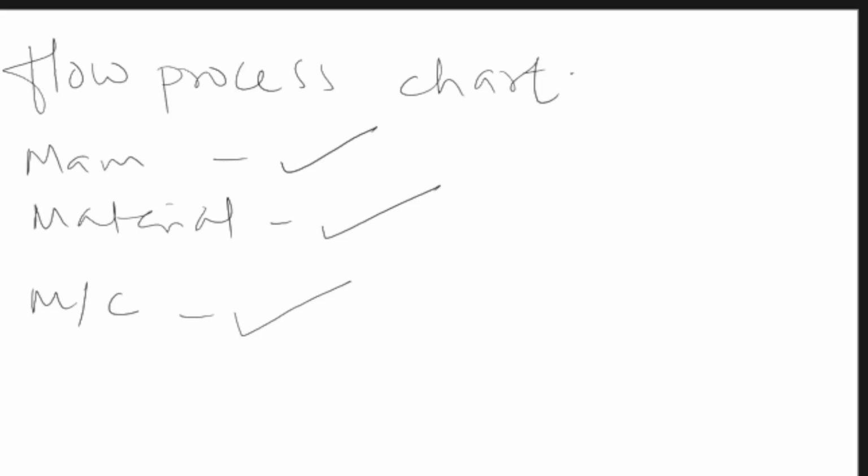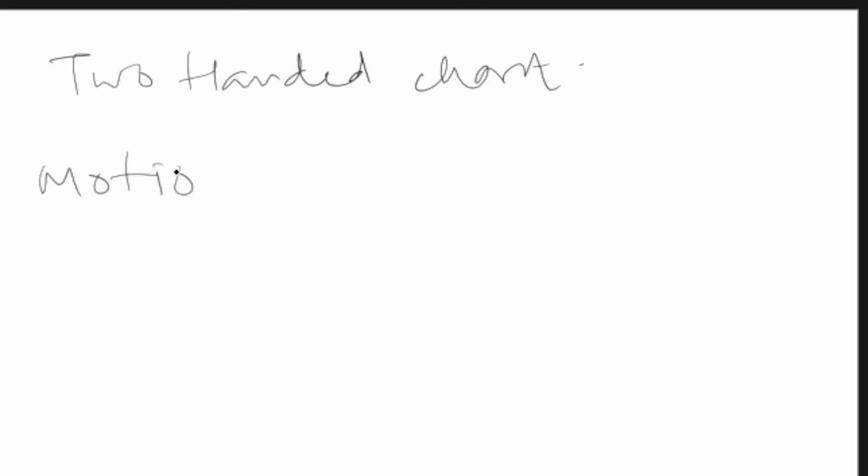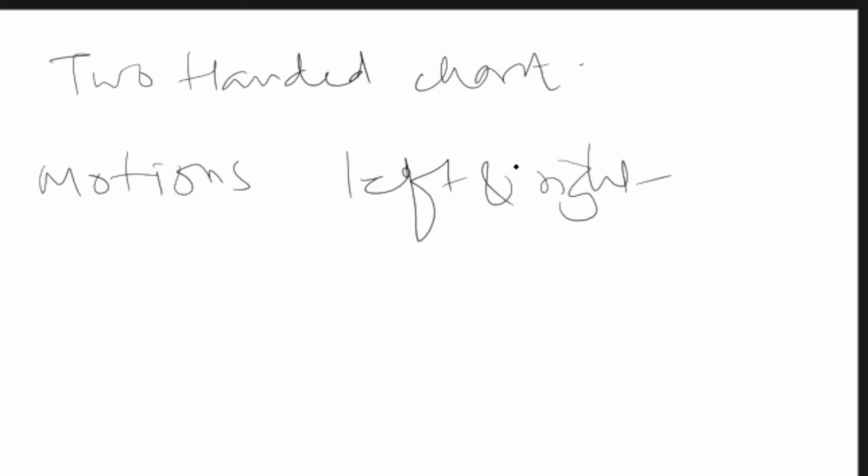Next kind of chart is a hand chart or two-handed chart. In this two-handed chart, the motions of the left hand and right hand are recorded independently.